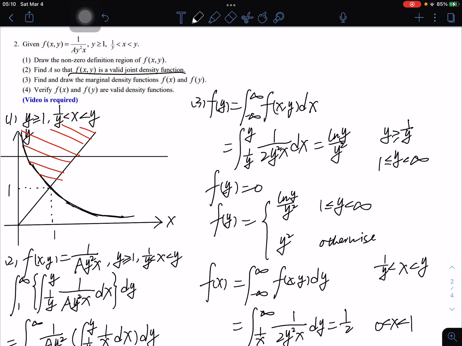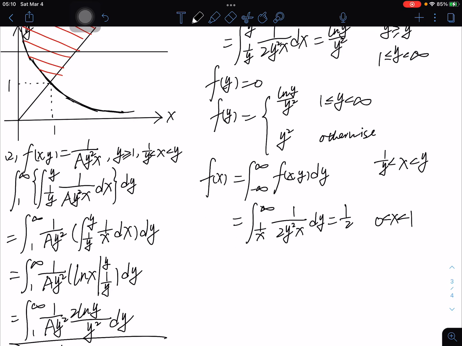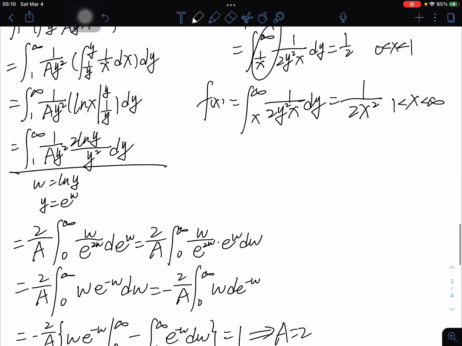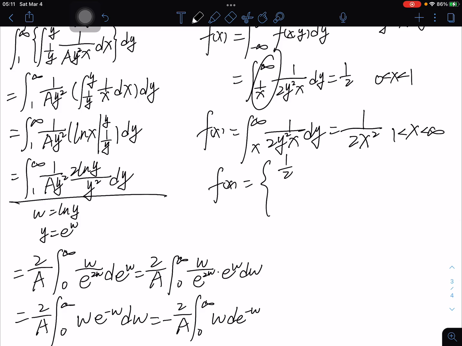So if the x range is larger than 0 and smaller than 1, otherwise the integral is from x to infinity. So f_X is defined on 0 to 1 and 1 to infinity.